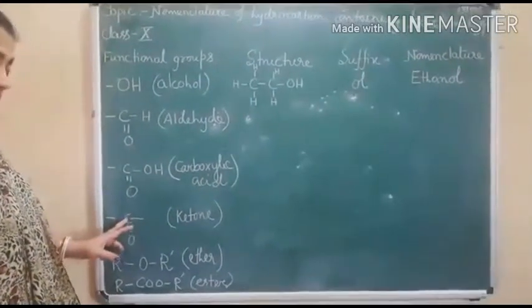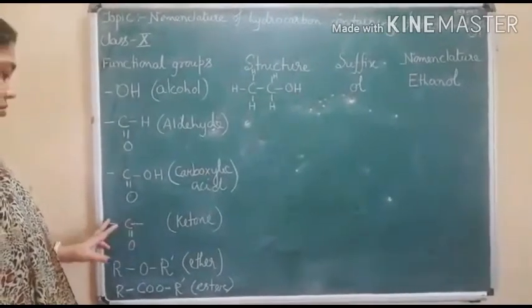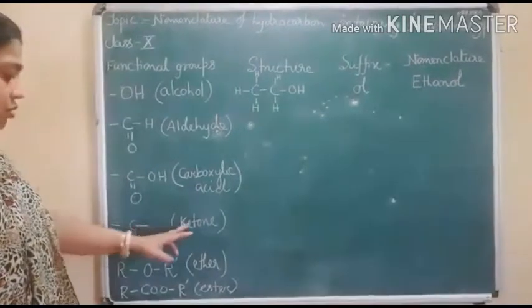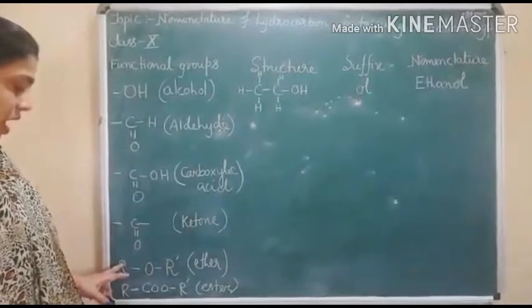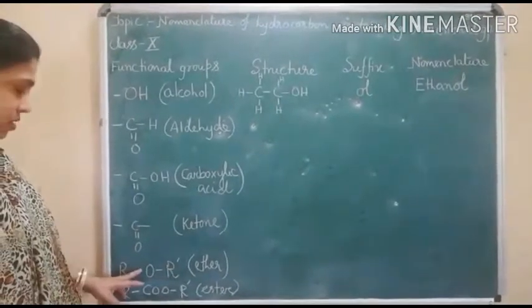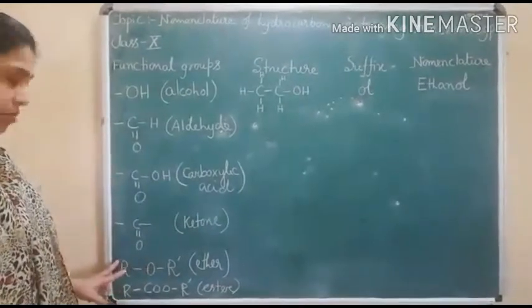Next one, C double bond O. Now these two hands are free. With these hands there will be a carbon chain, and this functional group is known as ketone. Next one, ROR. R means nothing but a carbon chain, with O in the middle and a carbon chain on both sides.